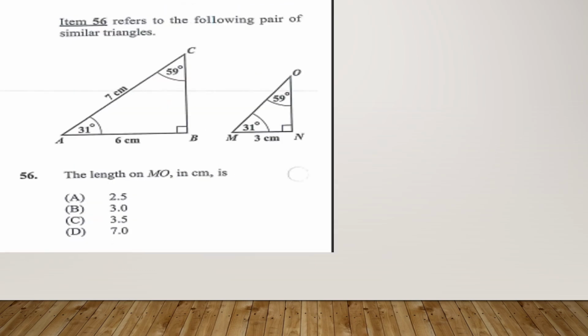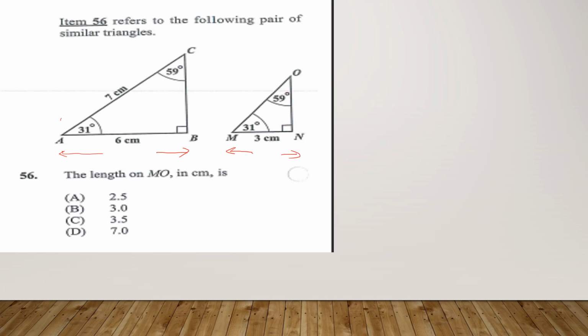56 refers to the following pair of similar triangles, ABC and MNO. The length of MO in centimeters is, so if we look at AB, we get 6 centimeters, and if we look at MN, we get 3. So AB is twice the length of MN.